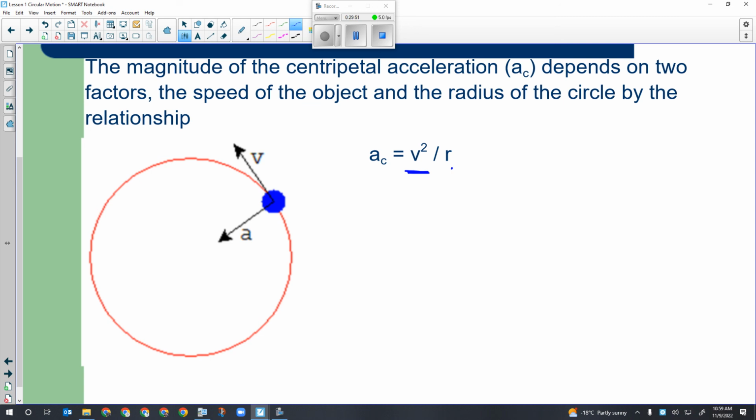So, what happens to your acceleration as you increase in speed, according to this formula? It increases. It increases in what way? Exponentially. Okay, that's something we need to think about. Right? So if I'm whirling this thing around at this speed, I don't have to hold on to this very tightly. It's not going anywhere.